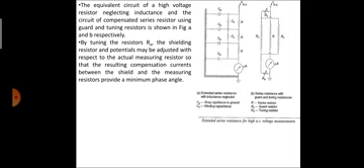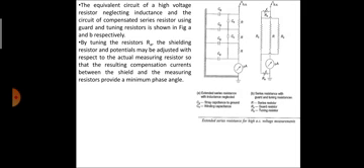The equivalent circuit of a high voltage resistor neglecting inductance, and the circuit of a compensated series resistor using guard and tuning resistors, can be seen in figures A and B which I have shown here.